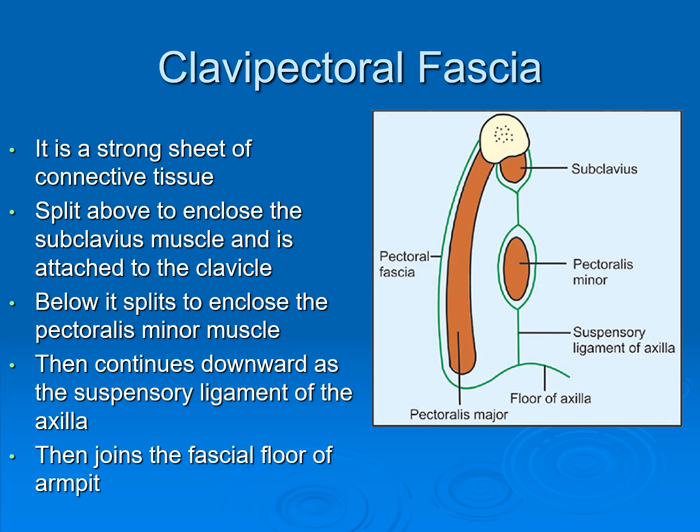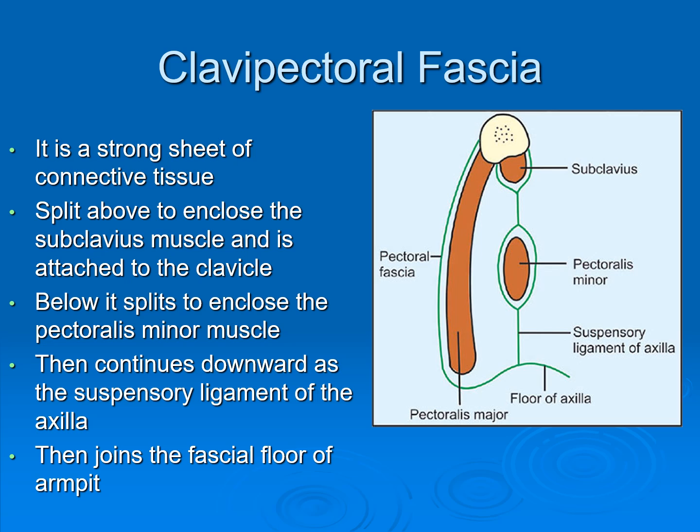Then it continues further down as the suspensory ligament of the axilla, and tapers out through the floor, or the base, of the axilla. So this is the clavipectoral fascia.